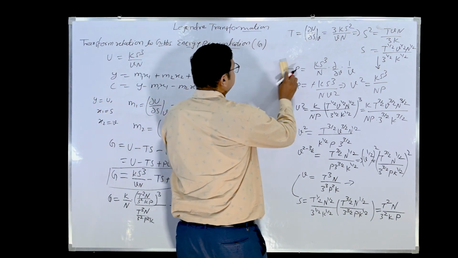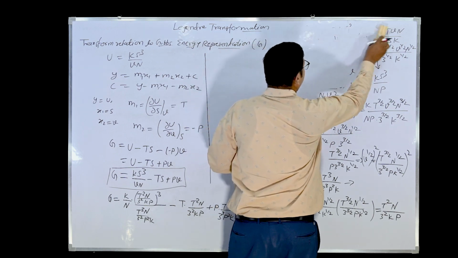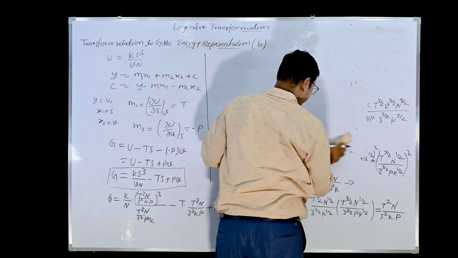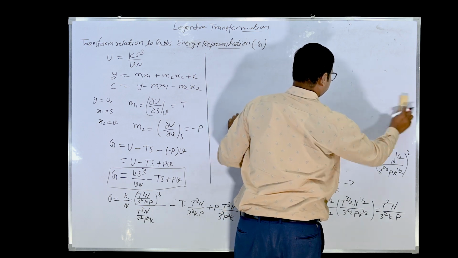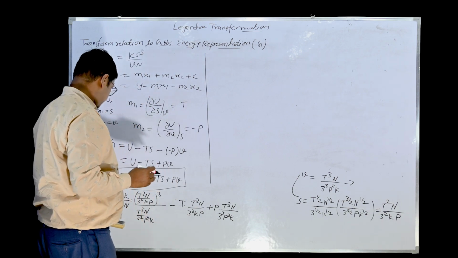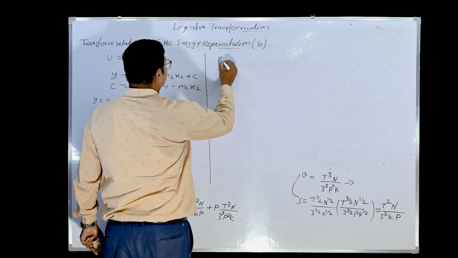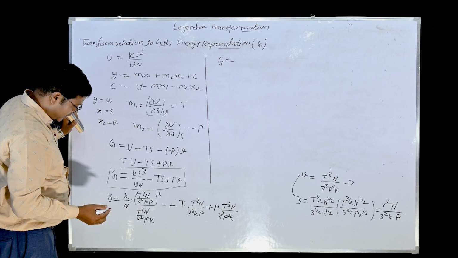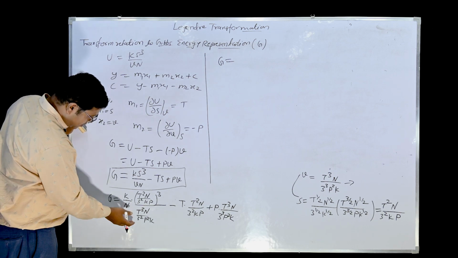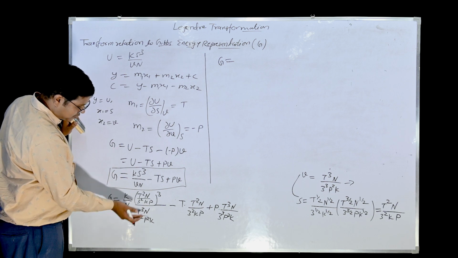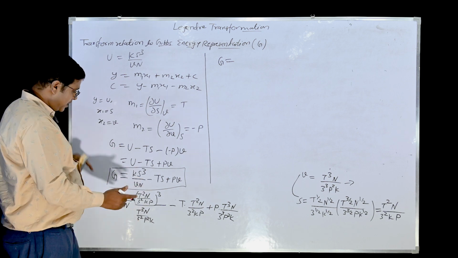So let me erase this part. We will get some more space to work in. So G. Let's see what comes. First we will change this denominator term to the numerator and rearrange the terms.